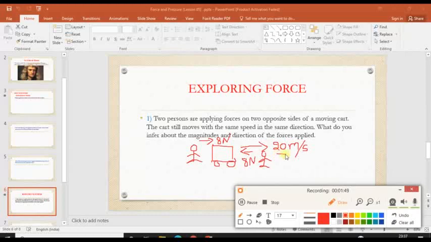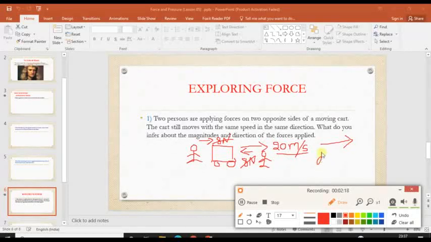If it is moving with the same speed, it means the force of this person and the force of this person should cancel, because both the persons are applying the same force. The net force applied by the two persons is 0 because they are applying in opposite directions. So the cart is going to move with the same speed. It is not going to change, and it is not going to change even the direction.